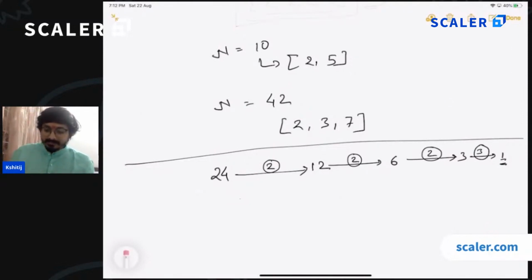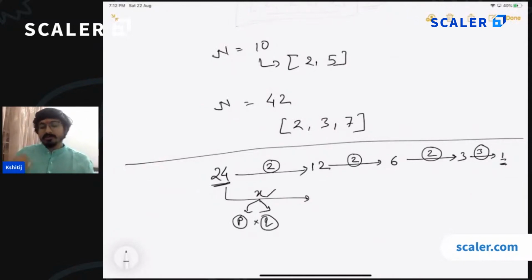What I'm trying to say is, if there is a number x which is the smallest number dividing 24, and x is not a prime number, then it must be a composite number, and it can be broken down into two prime numbers at least, right? So 24 will also be divisible by these two. That means x was not the smallest number that can divide it. There are smaller numbers than x which can divide 24. So using this proof by contradiction, I can always say that the smallest number which is able to divide any number is going to be a prime number.